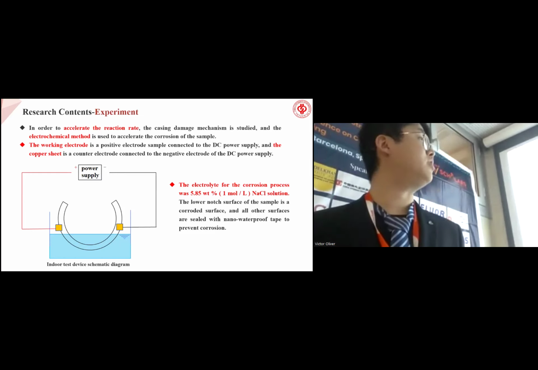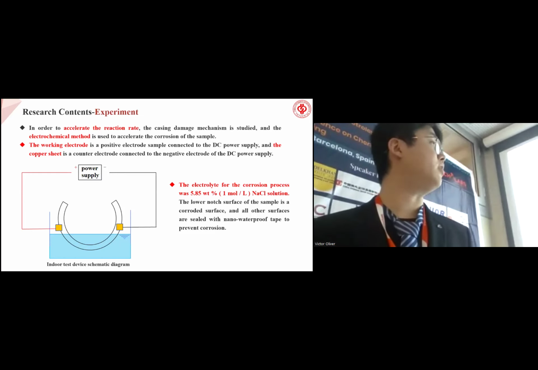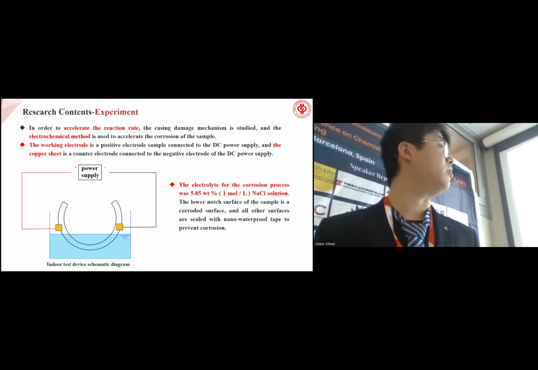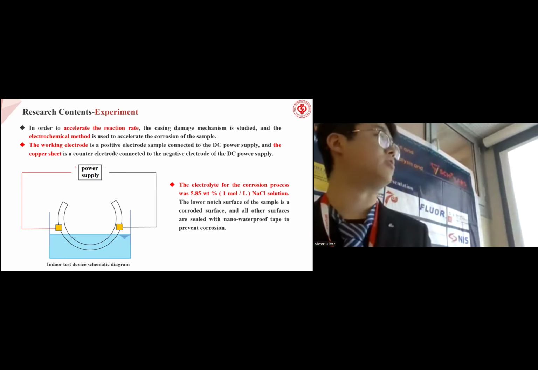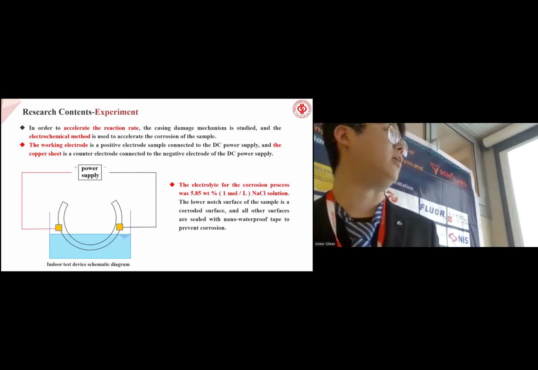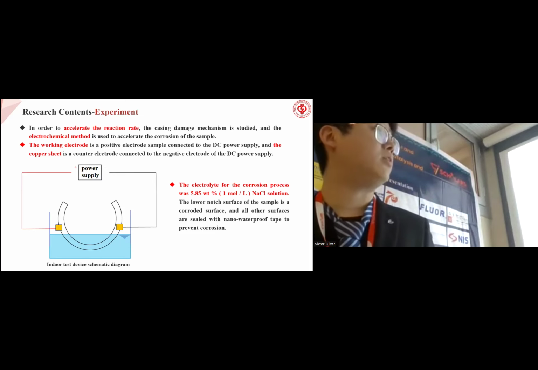The corrosion solution is NaCl solution. The lower surface of the sample is the corroded surface, and all of the other surfaces are sealed with waterproof tape to prevent corrosion.